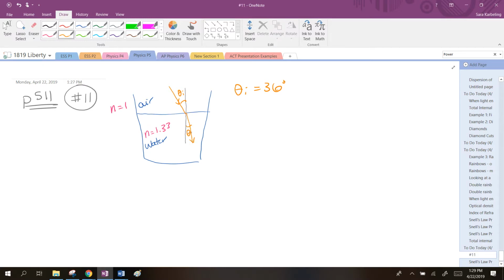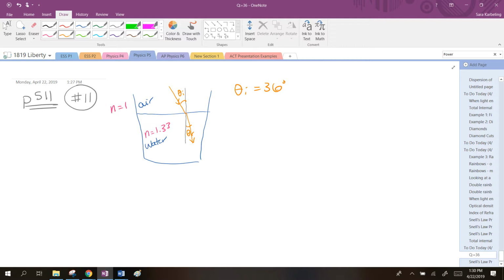The reason that that's important is because we need to be able to pay attention to that and make sure that we are anticipating an answer here that is going to be smaller than 36 degrees. It is very, very easy to get this equation mixed up and to plug the wrong things in. And the reason that I tell you that is because I want to make sure every time you do a Snell's law question that you practice it, that you make sure you understand it, okay?